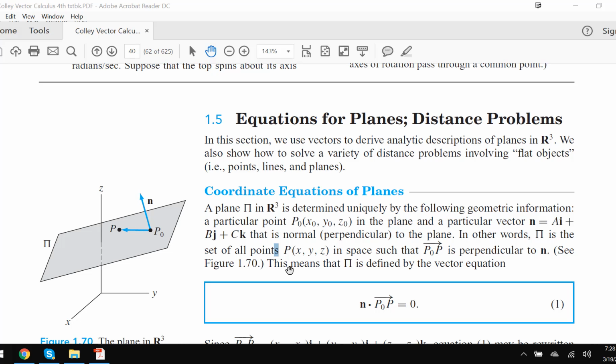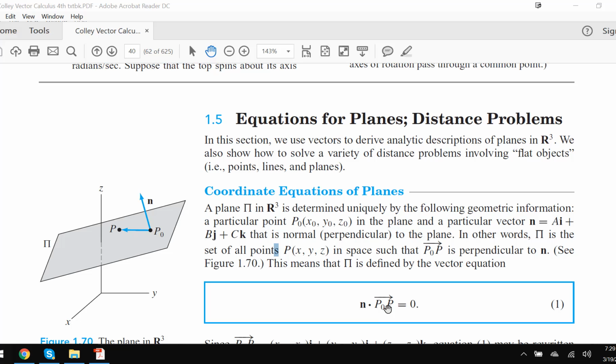So if you have a point P that satisfies that, that is, if the vector that connects those two points is perpendicular to n, then P is in the plane. Okay? So that's a way to specify the plane. In other words, pi is the set of all the points that satisfy that, that is, that n dot P0P equals 0.